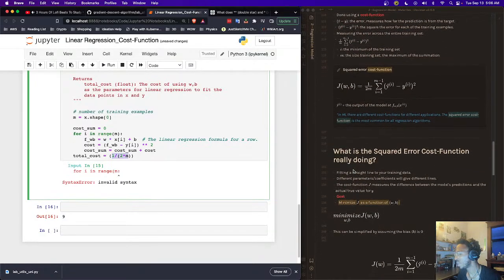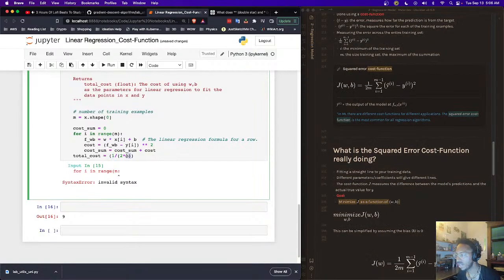I don't know why 2m is the way we're doing it here, but that is apparently the most common thing to do. I wish I could explain that, but I don't have the answer, unfortunately. So to divide in mathematics, you can just multiply by a fraction with whatever you want to divide in the denominator. So that's what we did here.